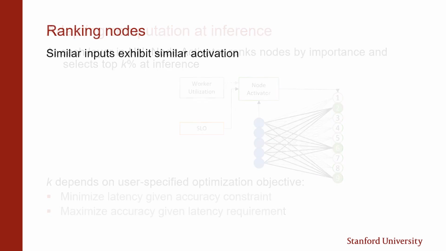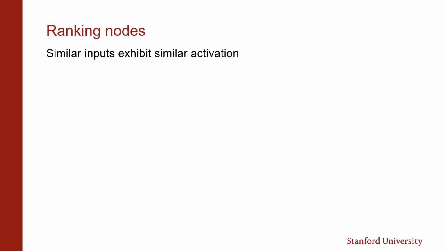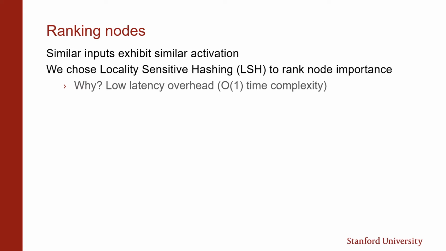So let's talk a little bit about the specifics of the node ranking mechanism. The node ranking mechanism exploits the fact that similar inputs to the layer exhibit similar activation. We chose locality-sensitive hashing to rank node importance. The reason for this choice is that locality-sensitive hashing exhibits extremely low overhead.